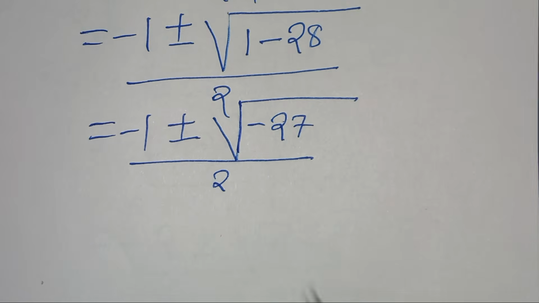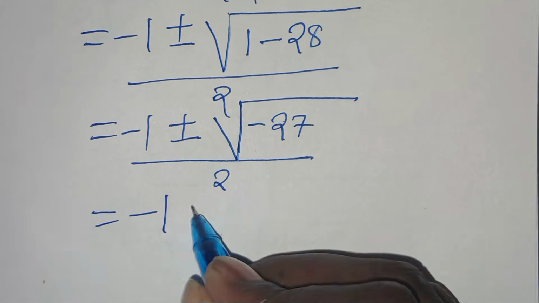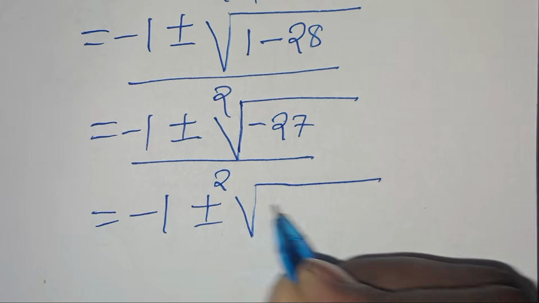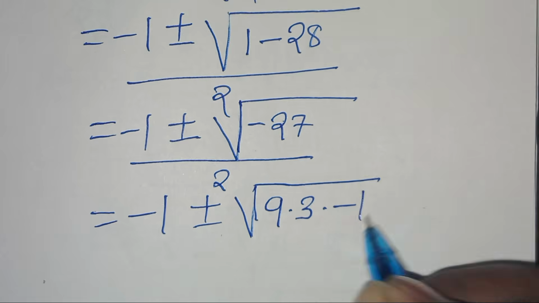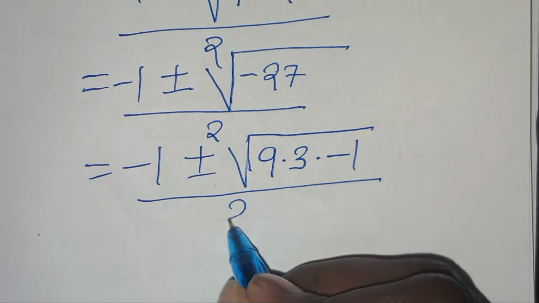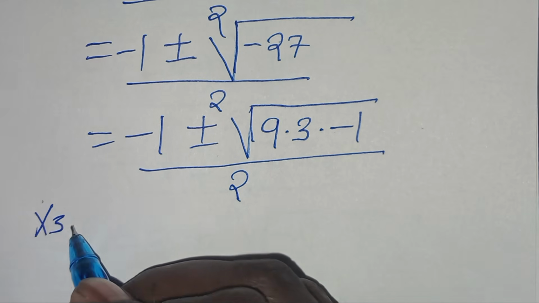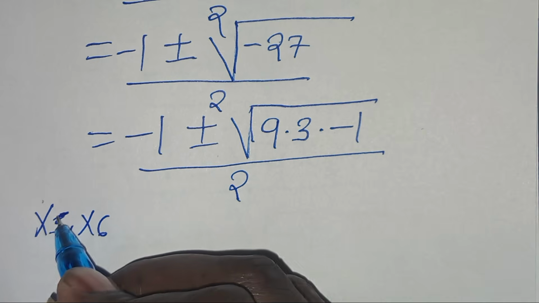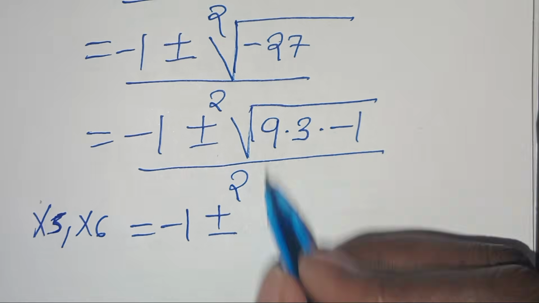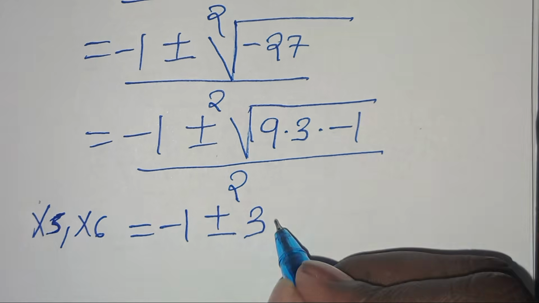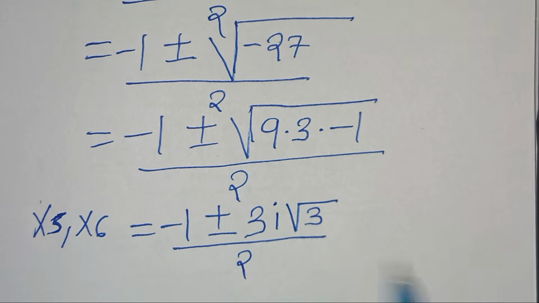Now we can express the square root of minus 27 as the square root of 9 multiplied by 3 multiplied by minus 1, everything here divided by 2. So this implies that x5, x6 is minus 1 plus or minus the square root of 9, which is 3, the square root of minus 1, which is i, then the square root of 3, everything here divided by 2.